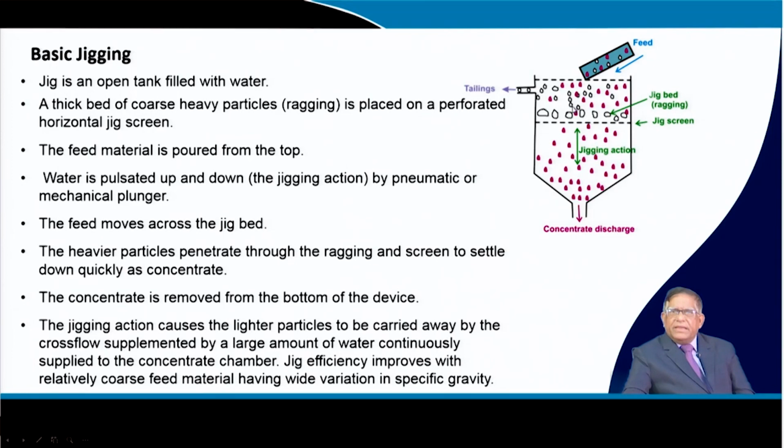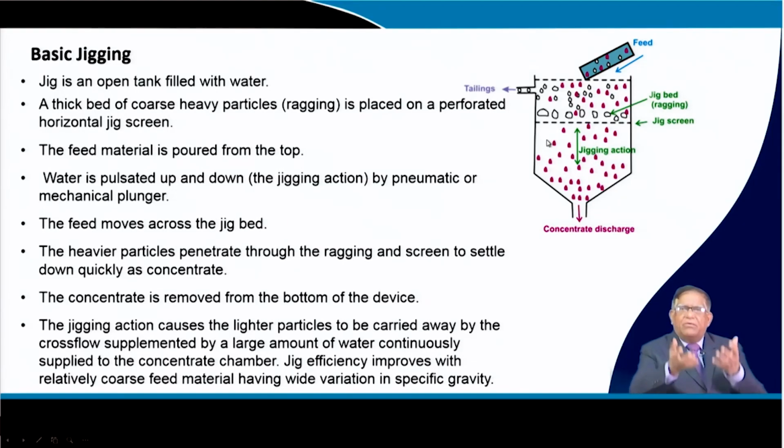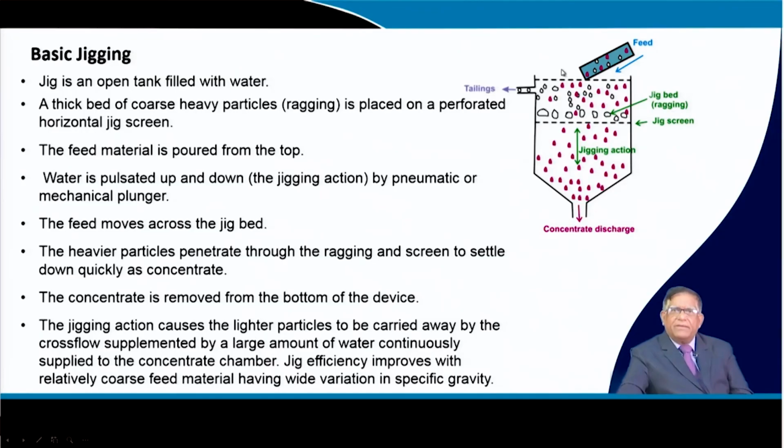Here the water comes in as pulsating water, and a thick bed of quartz particles is placed on a perforated horizontal screen. You can see here there is a jig screen, and in that screen there are perforations.